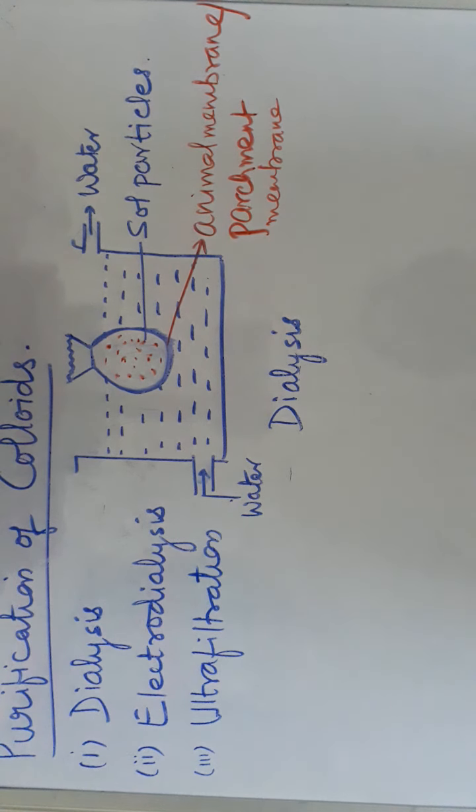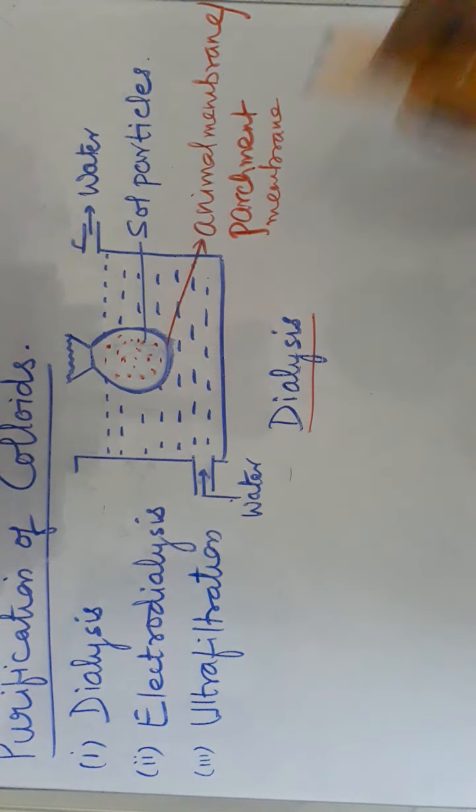So, what is done in dialysis? As in the figure you can see here, it is a container filled with pure water, and in that pure water, the colloid which has to be purified is suspended in a bag.